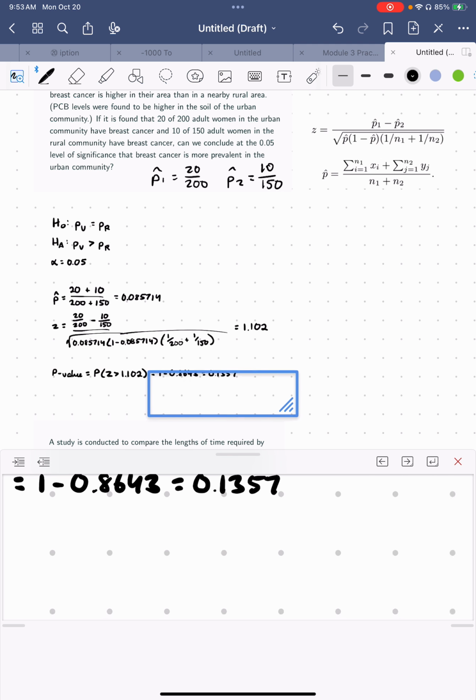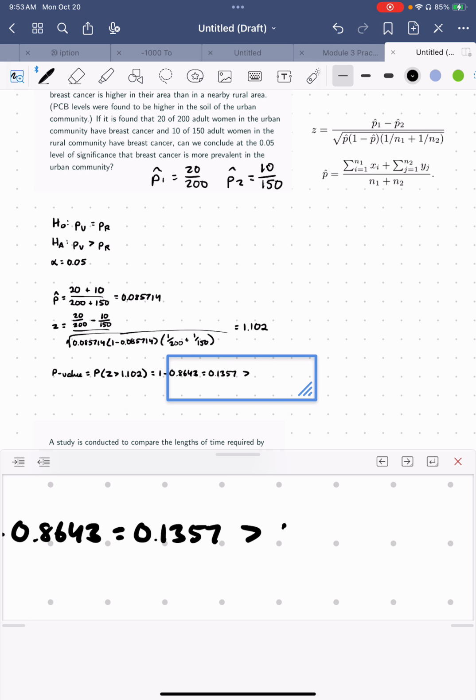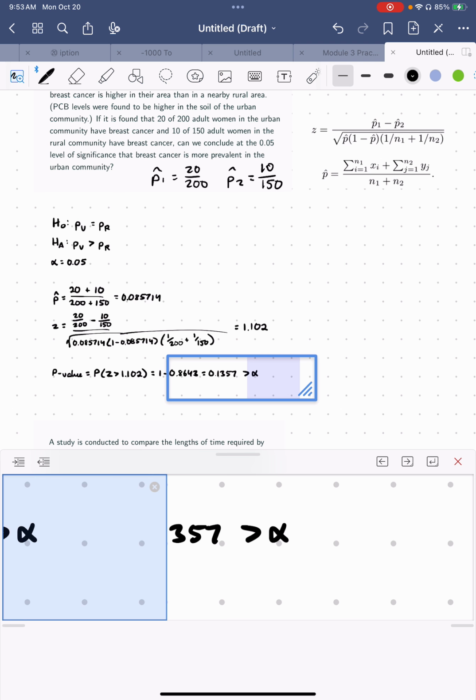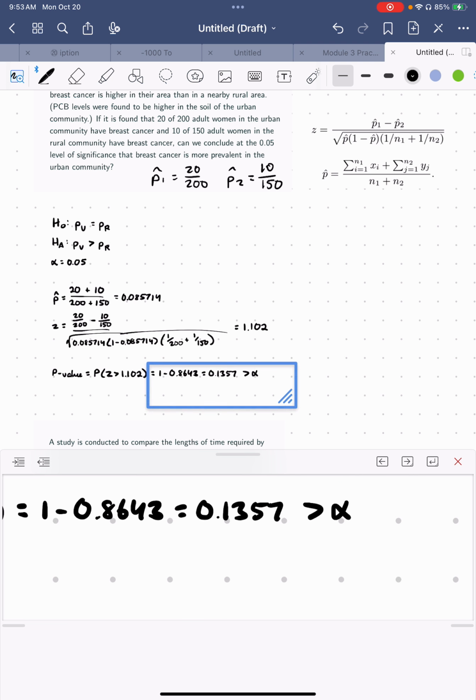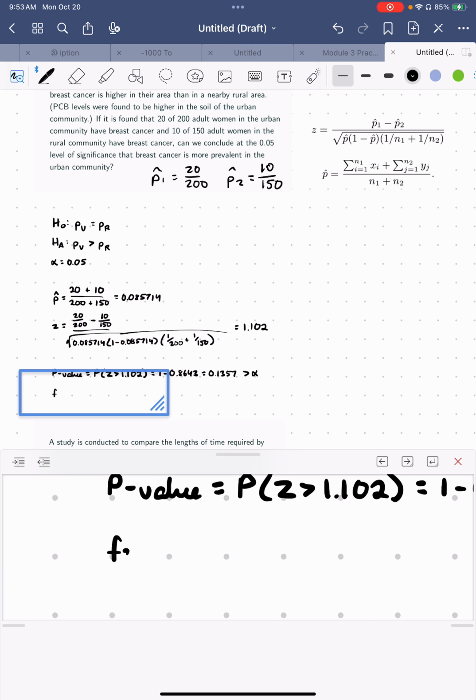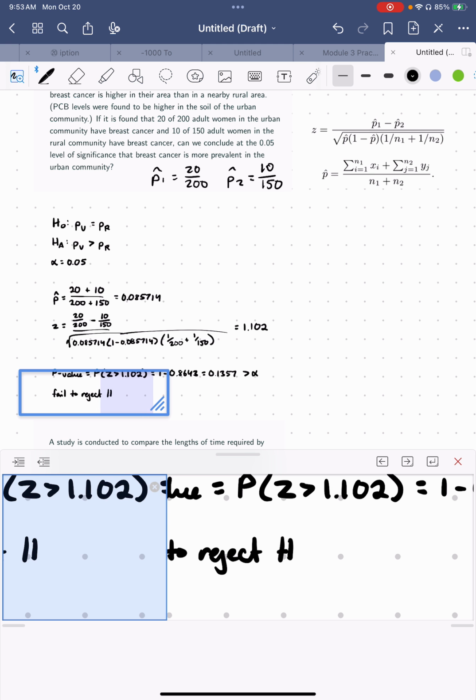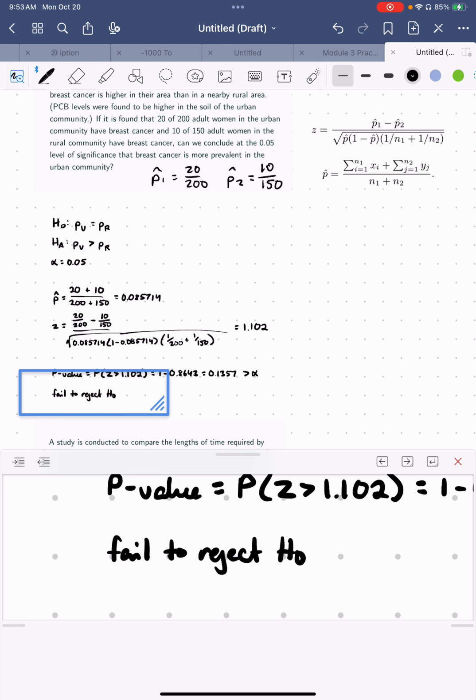And our p-value is greater than our alpha value, which is 0.05, so we fail to reject our null hypothesis. And that means we don't have significant evidence to conclude that the level of breast cancer is more prevalent in the urban community than the rural community. So we don't have the evidence there.